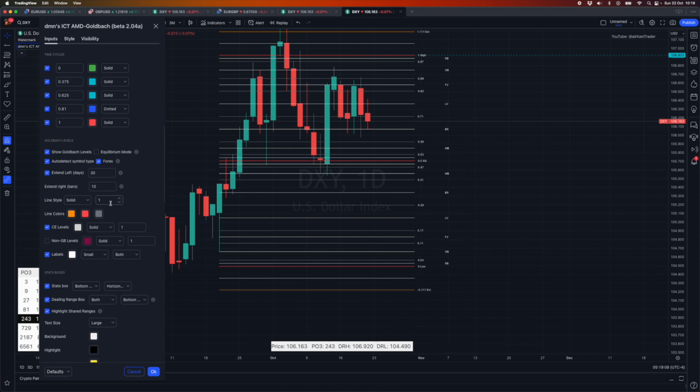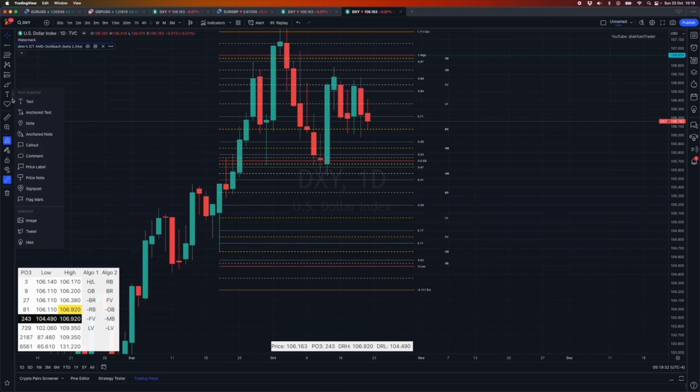There we go. You may want to color them differently, so I normally have them in yellow and dashed. There we go. And this is why they're powerful. Have a look at this wick. It looked like it went to some random number, but look, it went to the bottom of consequent encroachment. Now I wonder how accurate the DXY price is.